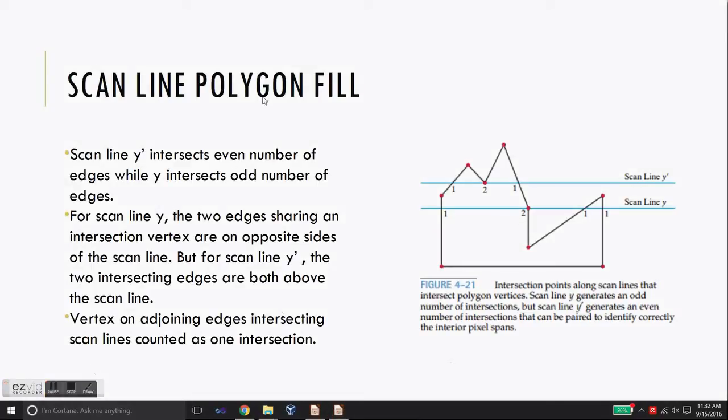Here we can see the scanline polygon fill algorithm, where the scanline y prime has 2 intersections or even number of edges, that is edge 1 and edge 2. However, scanline y just has 1.